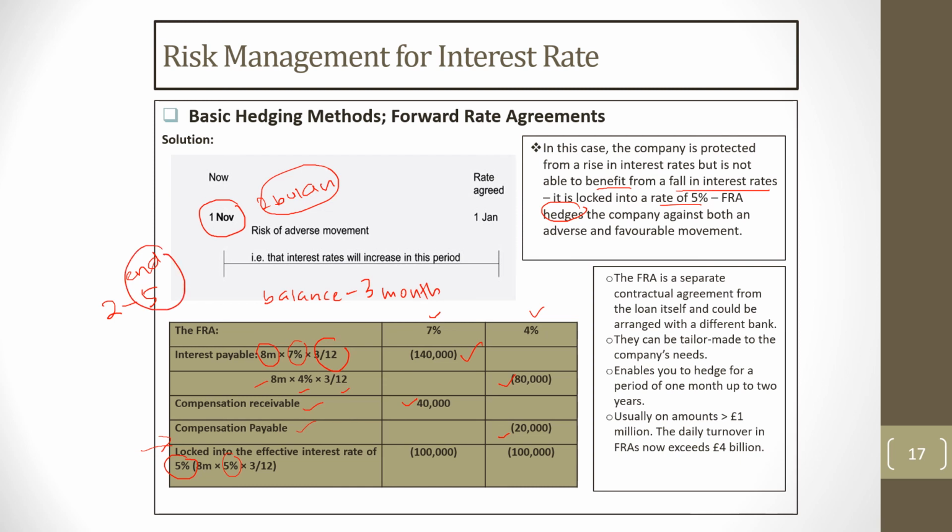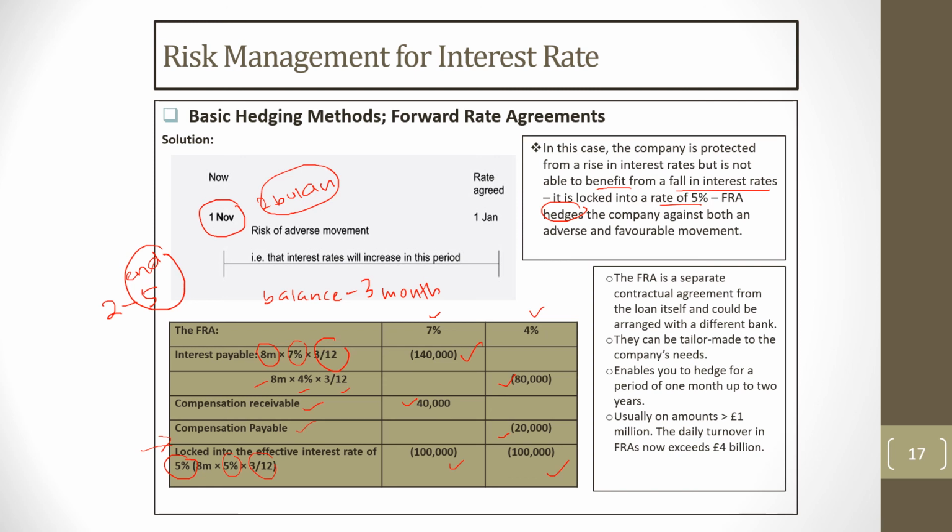So that's why we have to calculate 3/12. And then you times with 3/12, you will get 100,000. So 100,000 is the interest that you have to pay.